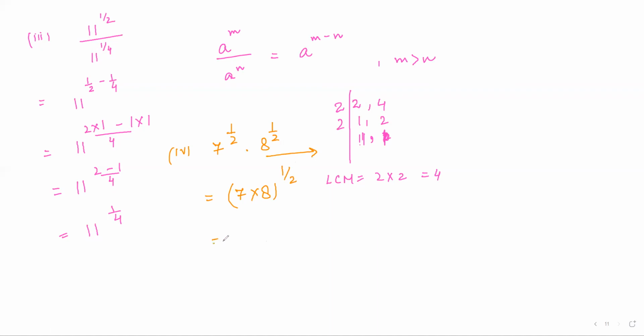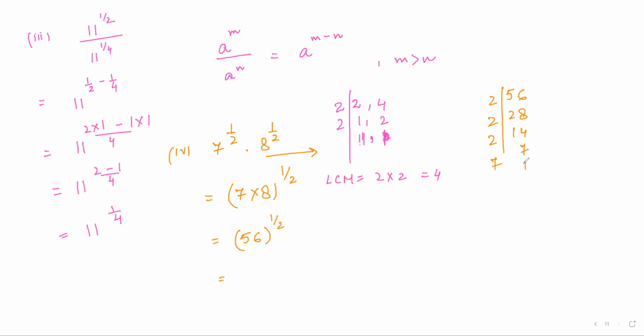Then you do it. So this will be 7 into 8, how much? 56 to the power 1 by 2, right? Yes. Now you can further simplify it. You see how much is 56. Let's see if we can do it. 2 into 2, then 2 into 8, right? 2 into 1 and 4, then 2 into 7.